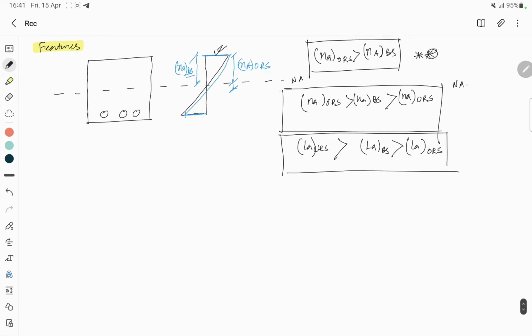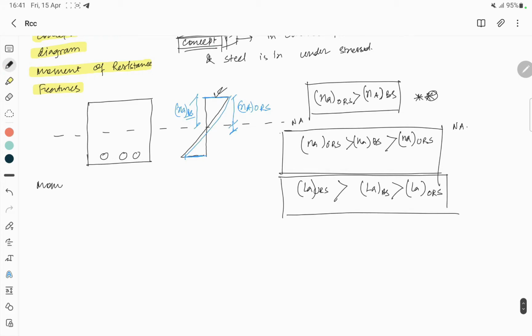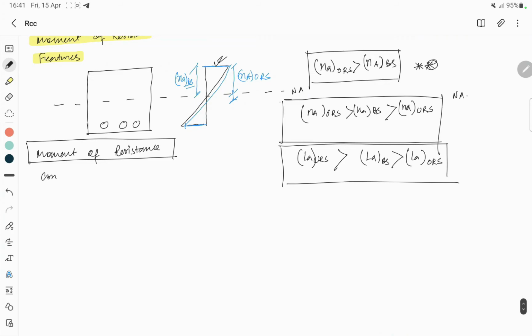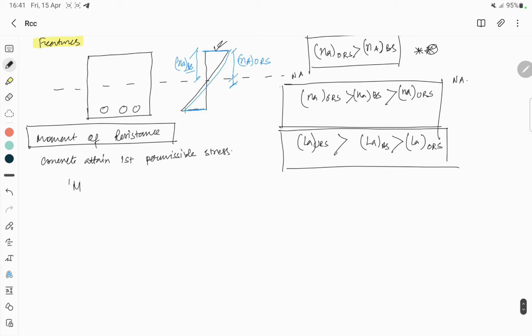Now we talk about the moment of resistance. Tell me one thing, steel or concrete, which attains the permissible stress first? Concrete attains the permissible stress first. Then the moment due to external load counteracted by the moment of resistance is equal to the moment due to compression.